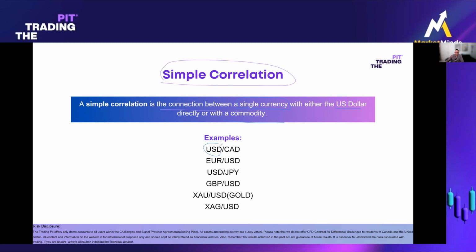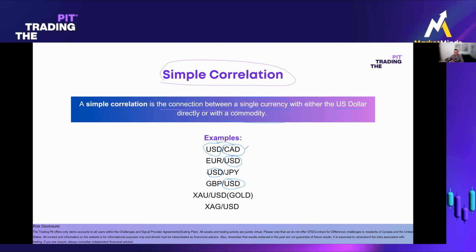Every time you include the US dollar in the currency pair, you're talking about simple correlations, like the Canadian dollar, which is either moving upwards or downwards, rising or declining against the US dollar.